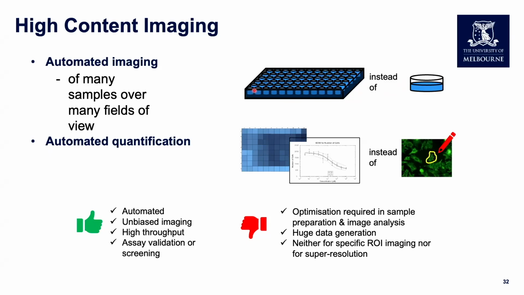And essentially, if you can stain your samples and specific regions of interest, we can set the system to automatically image each of these wells for you with multiple fields of view if you need. The real power on this system is the automated quantification. So you're going to generate thousands of images potentially from this plate.